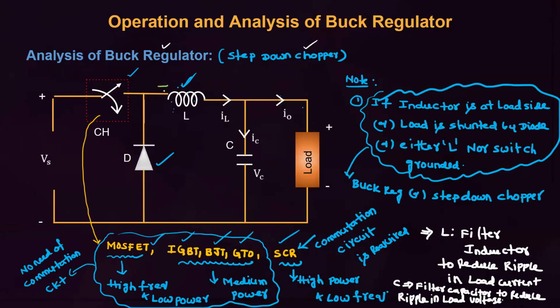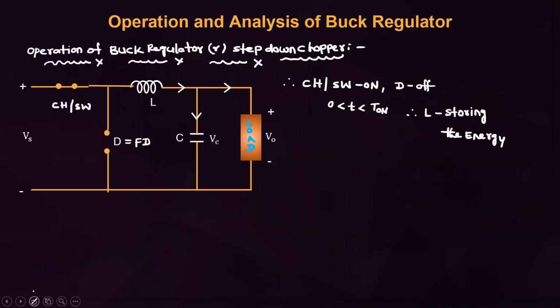But for analysis purposes, we assume a fixed polarity throughout the analysis. We don't change the polarity. This is VL and this is V. No doubt, when the inductor releases energy, it does so after reversing polarity, but for analysis we follow the fixed polarity. This is plus minus VL, this is plus minus V.